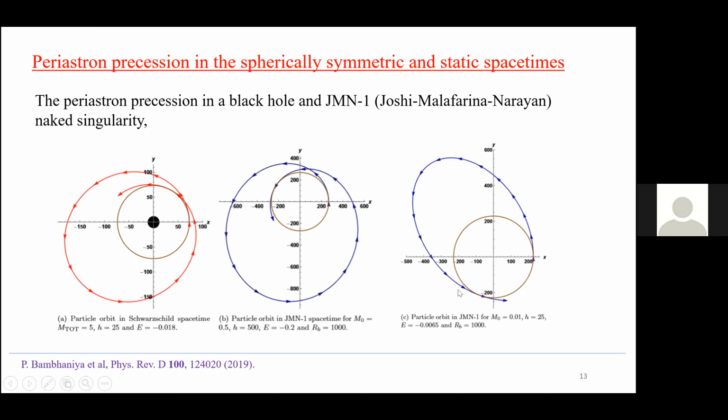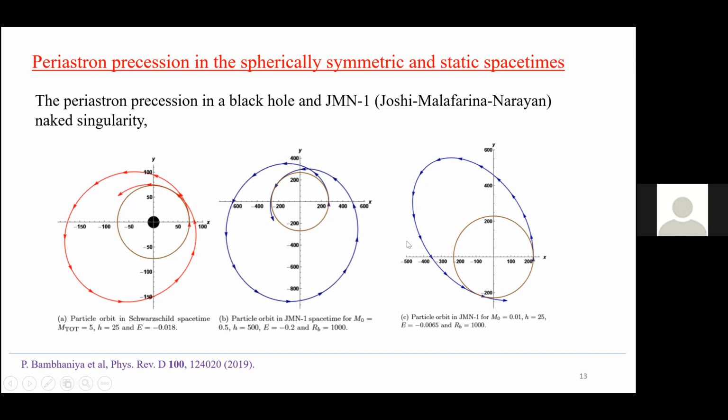In figures A and B, you can see the angular distance traveled by a particle between two successive perihelion points is greater than 2 pi, so it is known as positive precession, and it will shift into the direction of the particle orbit. In figure C, it is less than 2 pi, therefore it is called negative precession.